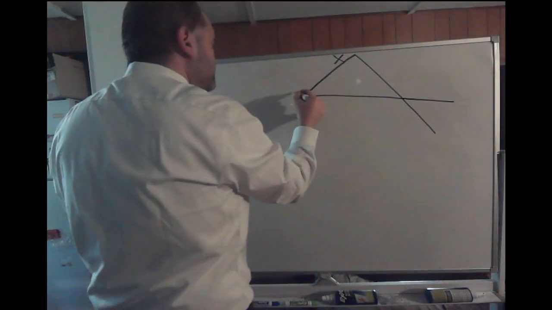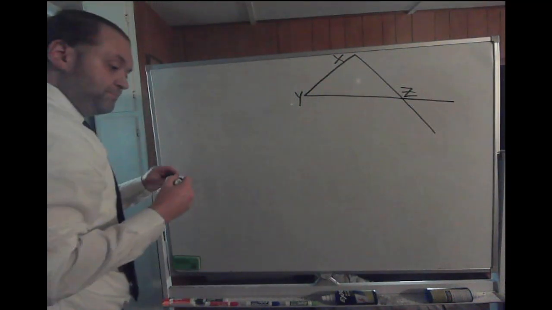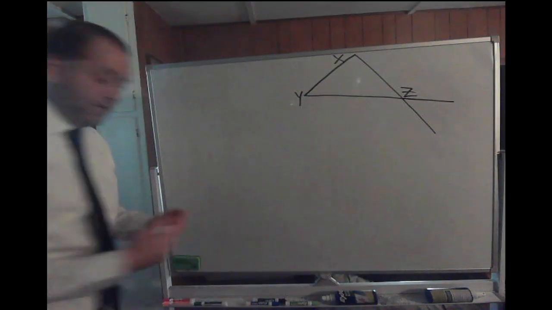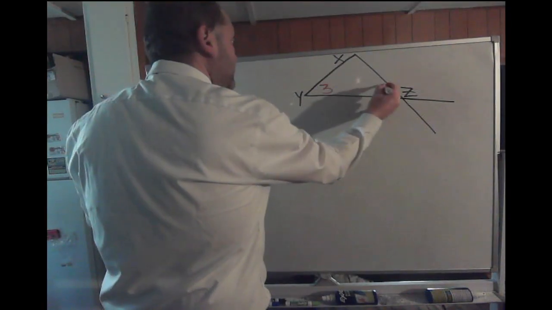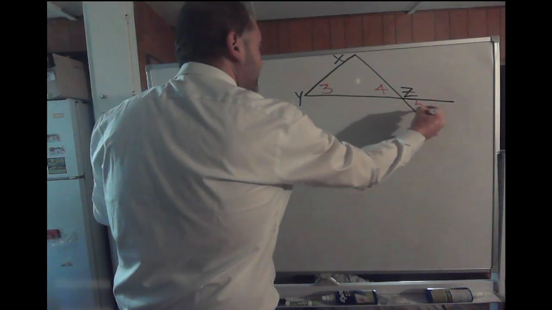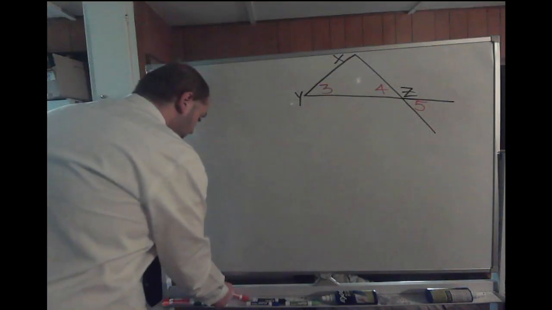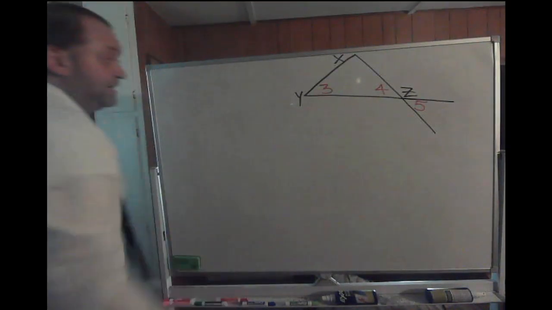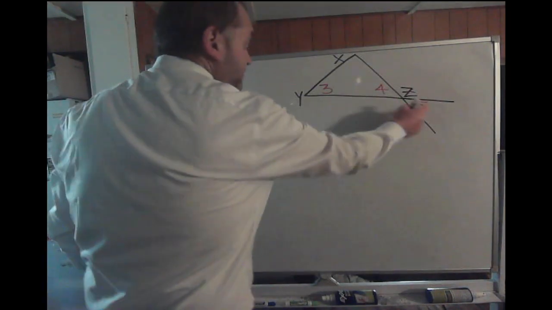X, Y, Z. So this is triangle X, Y, Z. We have here angles 3, 4, and then 5. So we have triangle XYZ with these extended lines on this side with angles 3, 4, and 5.